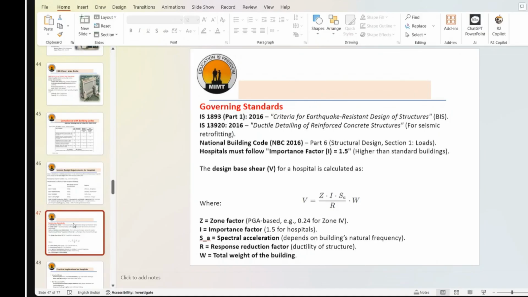Zone factor, I have already told you: zone 2 hai, zone 3 hai. Based on that, you can write the value. I is the importance factor, which I told you is supposed to be taken as 1.5 for a hospital. Spectral acceleration is also a record which the local agency will tell you. Response reduction factor and ductility of structure also have a separate formula to calculate. And the total weight of the building. In this way you can calculate the design base shear.